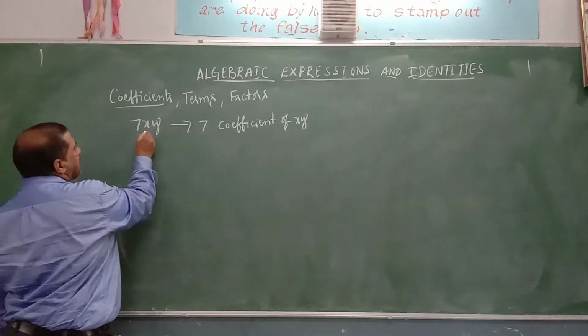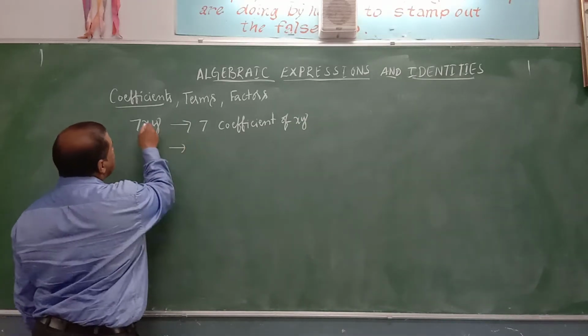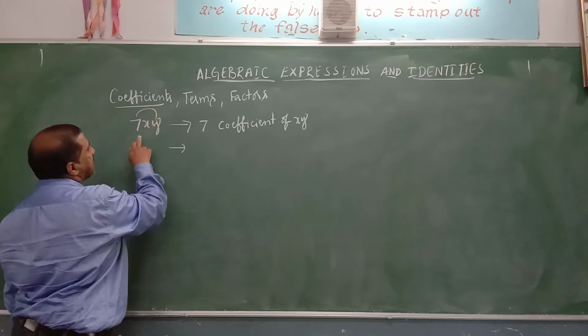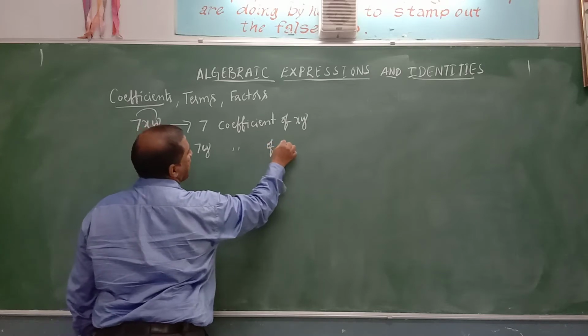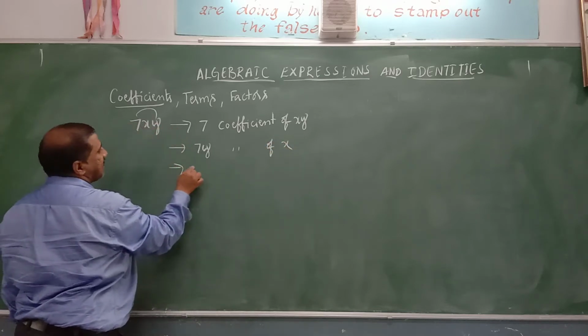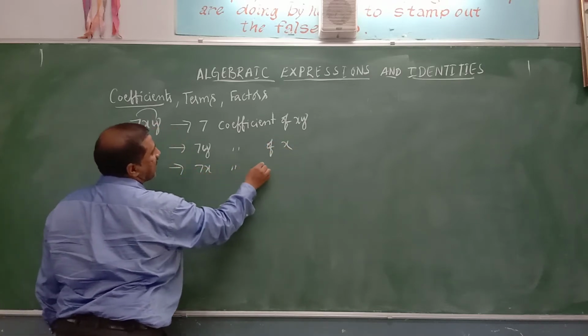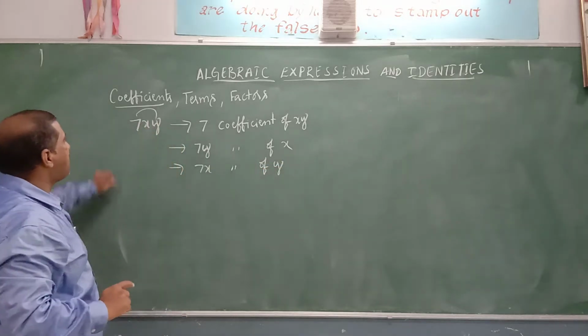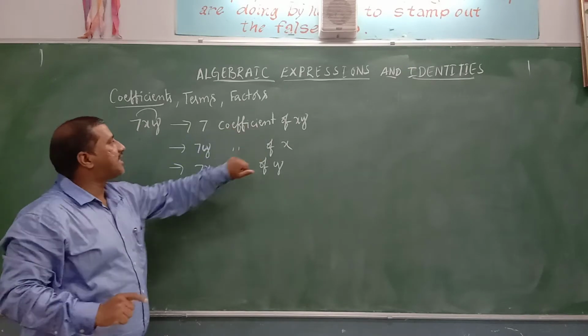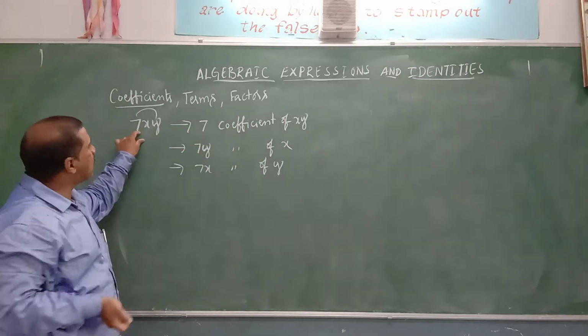If you consider x, the remaining part, that is 7y, is called the coefficient of x, and 7x is the coefficient of y. 7 is the coefficient of xy, and 7 is the numerical coefficient.